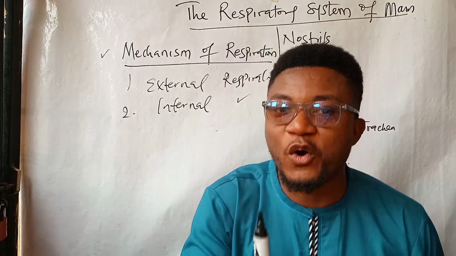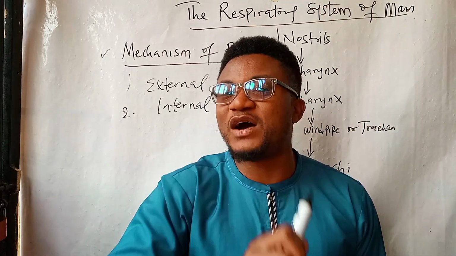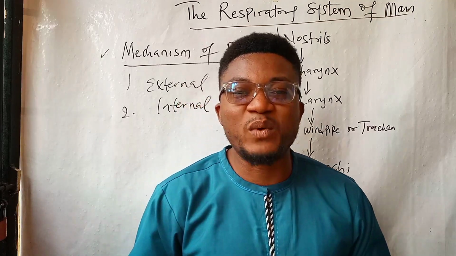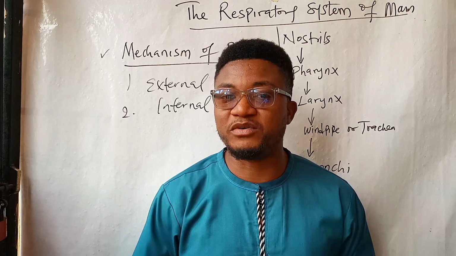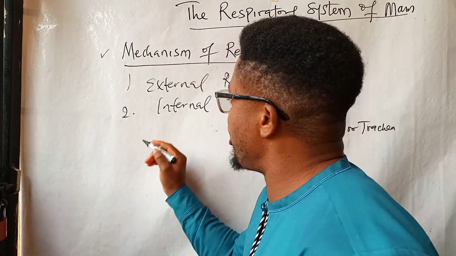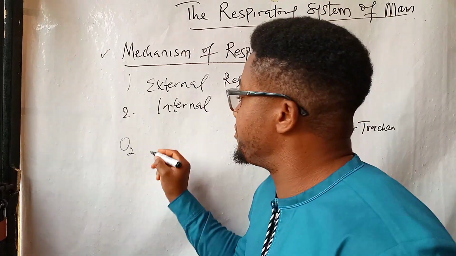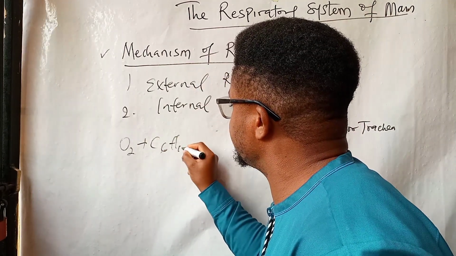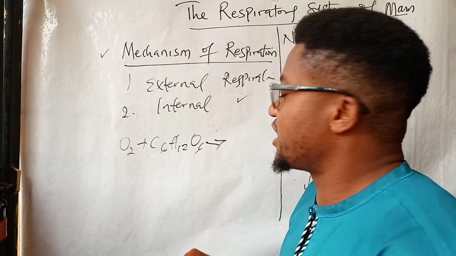Now, when we go down to the internal respiration, this is where the major activities happen. In the internal respiration, a lot of catalytic activities happen, whereby the oxygen that we take in, the O2, breaks down the glucose, or we can call it carbohydrates.